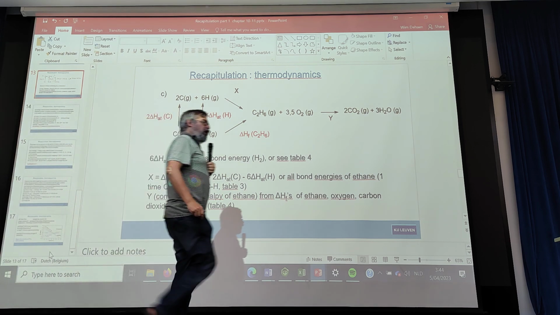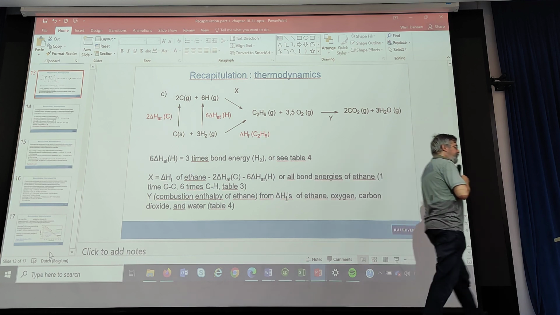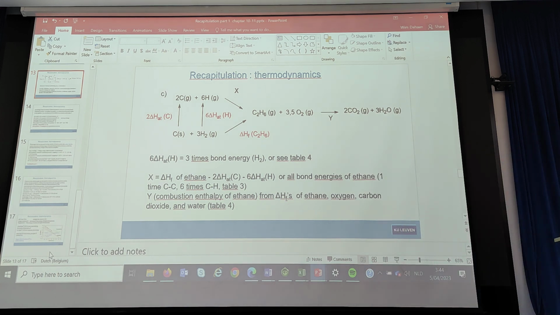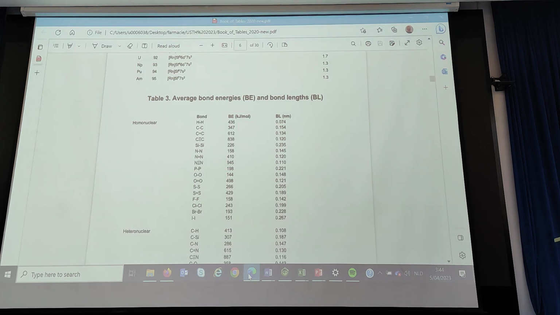Now, how can we know these bond energies? They're actually also in tables, but we have to look at a different table, namely table 3. So let's look at table 3. It's over here. So these are the average bond energies and bond lengths, but we need the energies.